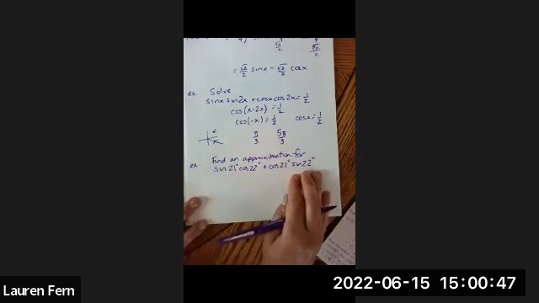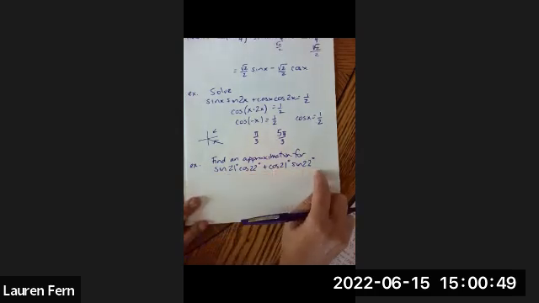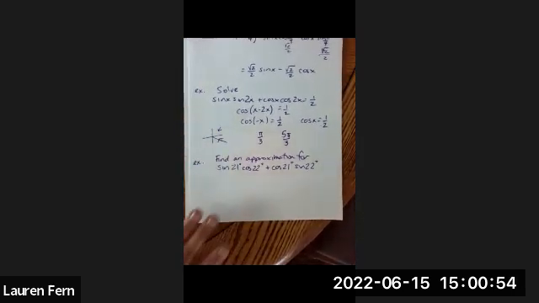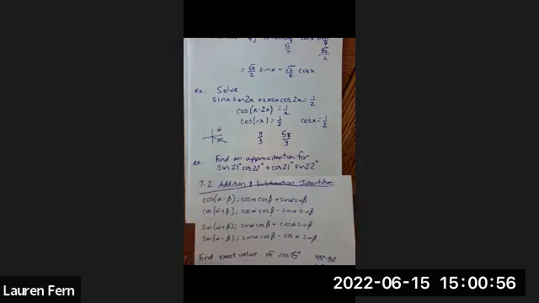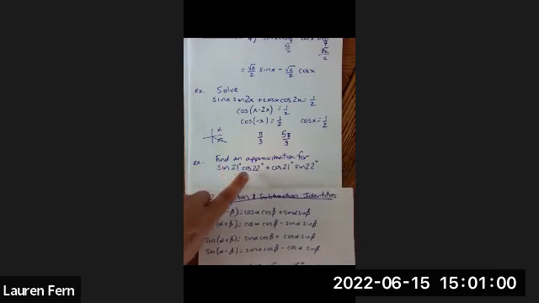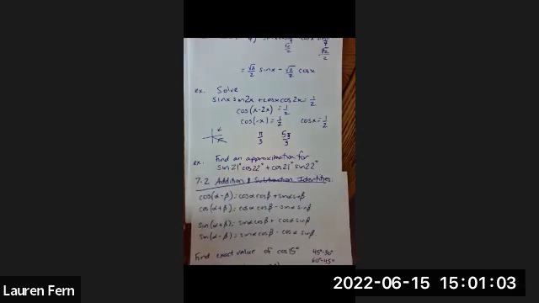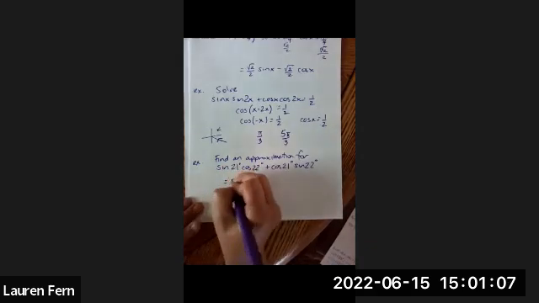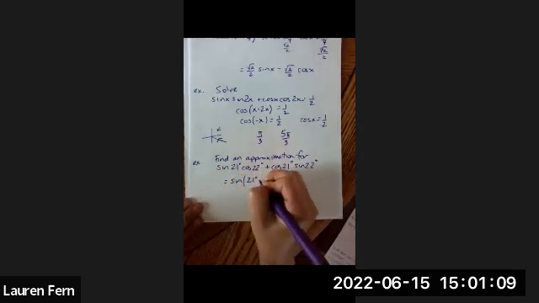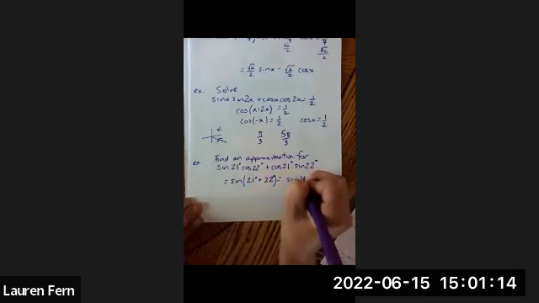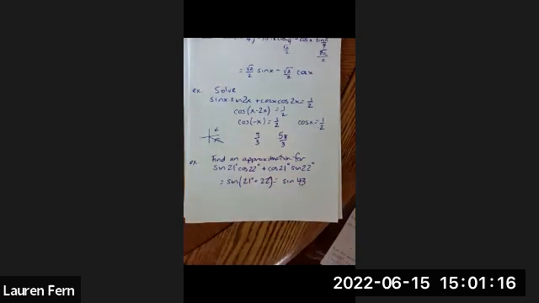Well, we could literally just push those into our calculator, but just so that we get a bit more agile with these formulas, we'll ask ourselves, which one of these sum difference formulas gives us sine, cosine plus cosine sine? That's my sine sum formula. So I claim this is actually the same as sine of 21 degrees plus 22 degrees. In other words, all we're really asked to find is the sine of 43 degrees.